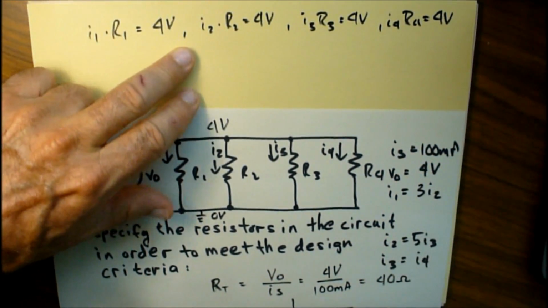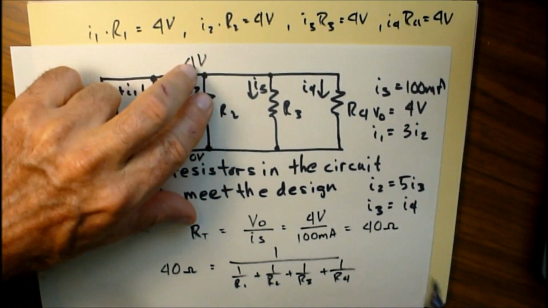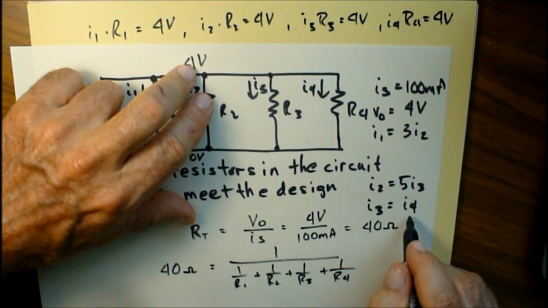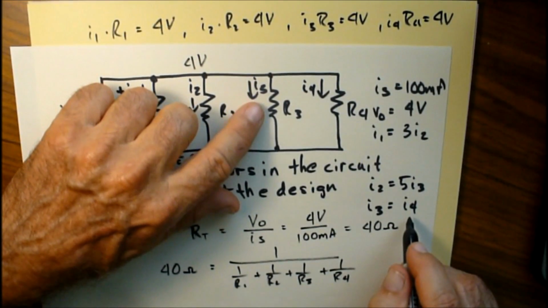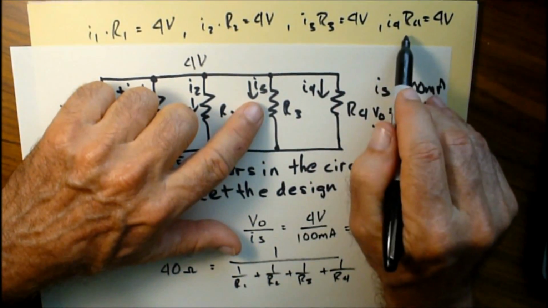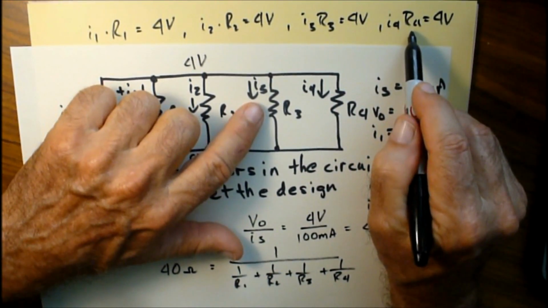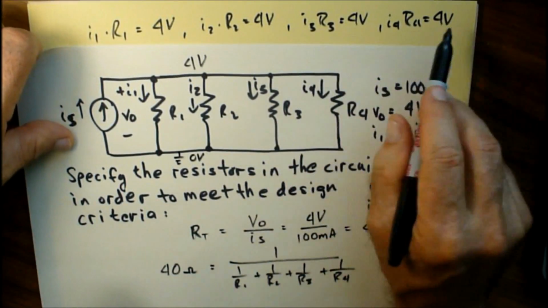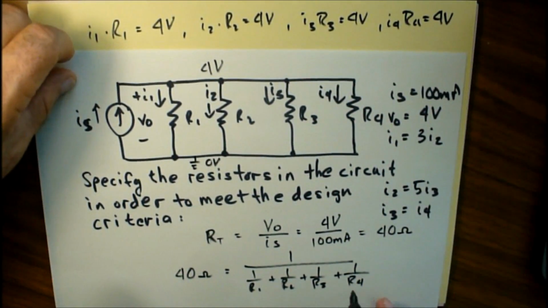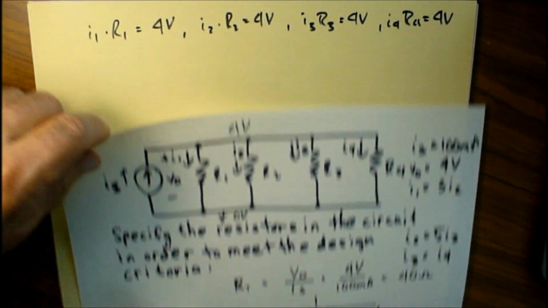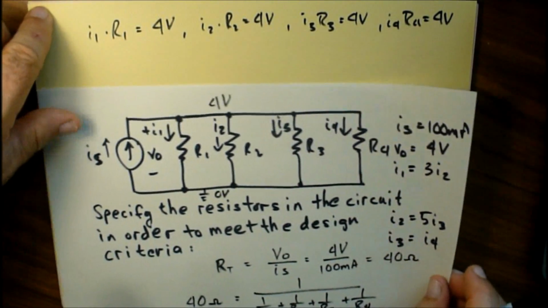But here we notice that I3 and I4 are going to be the same. They're equal to each other. If these 2 currents are equal to each other, then R3 and R4 also have to be equal to each other. So that's probably going to be something that we can simplify in this equation over here. Let's find relationships between these.